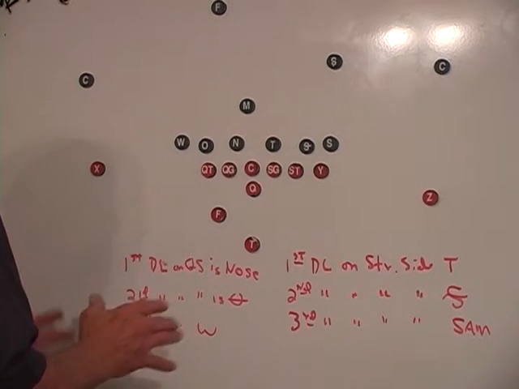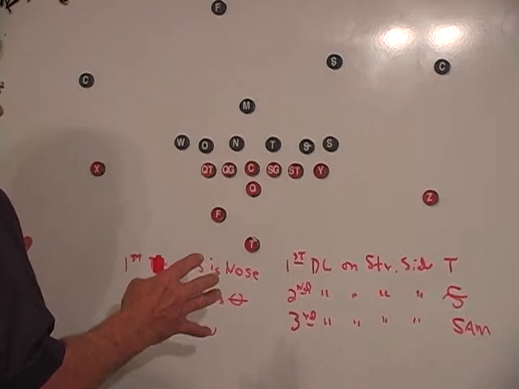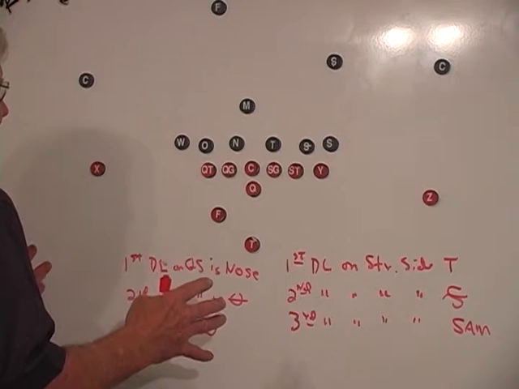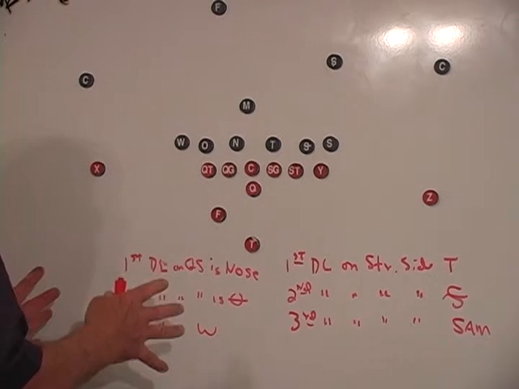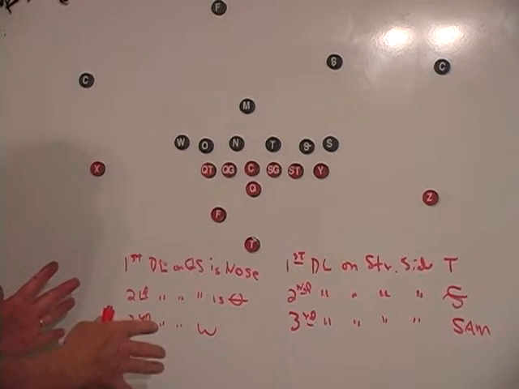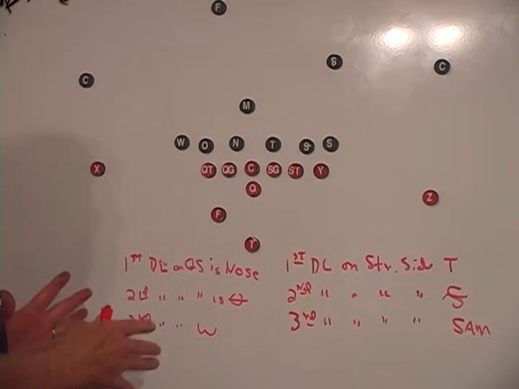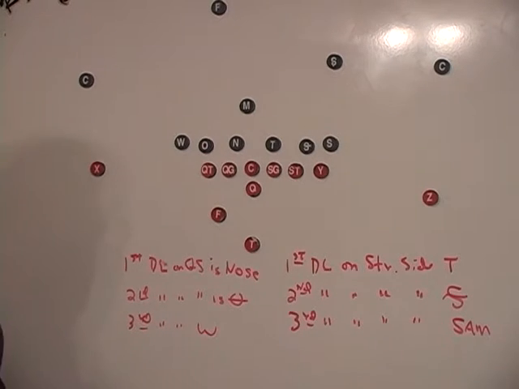The reason we do this is because if I tell somebody I want you to block the tackle, or that we have to get a round corner on the tackle, everybody on the team knows that that is the first defensive lineman on the strong side.